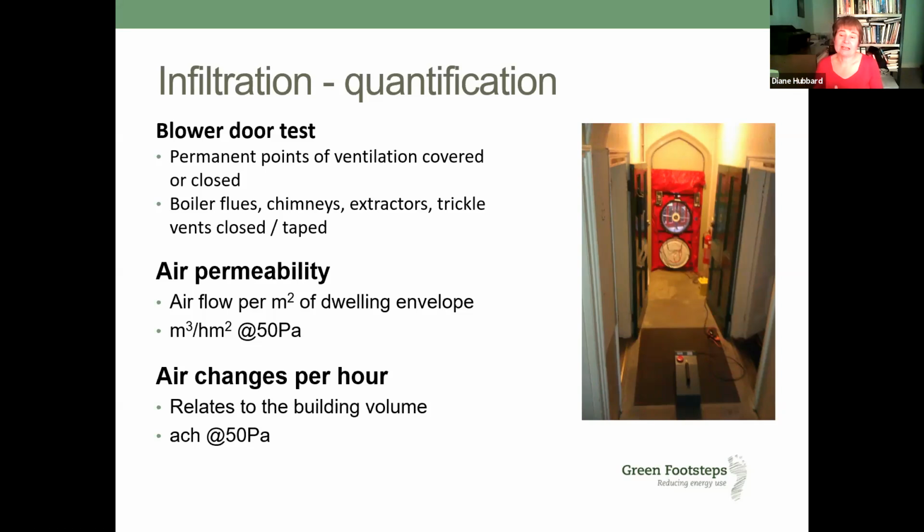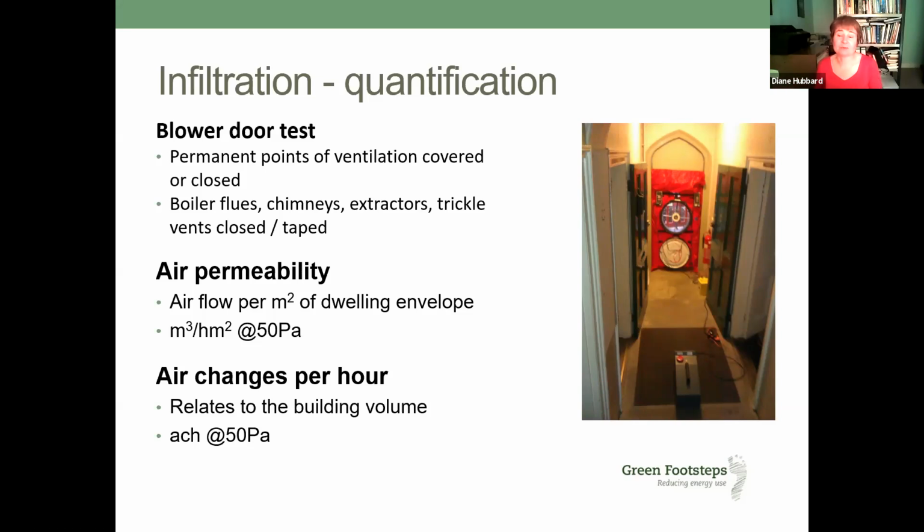They'd got secondary glazing fitted in this property. It's a 19th century property, and we looked at the impact of the secondary glazing, which actually was very good in that particular instance. It made a difference of about 10% on the leakage of the building as a whole.